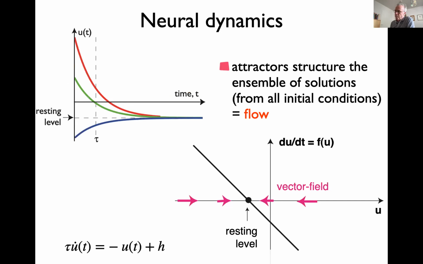Now, this just summarizes what I just said. That is, if you start from different activation levels, you will be converging in time to the fixed point level, which is here just the resting level. And you see there's some kind of contraction. This is an example of what is called the flow in dynamic systems thinking.